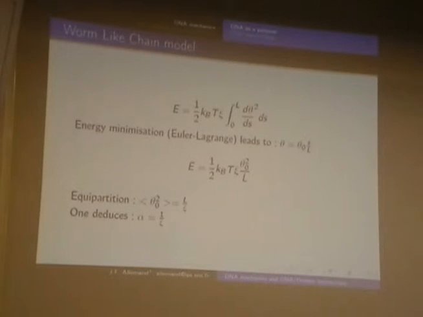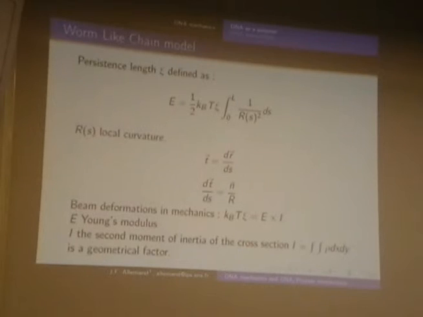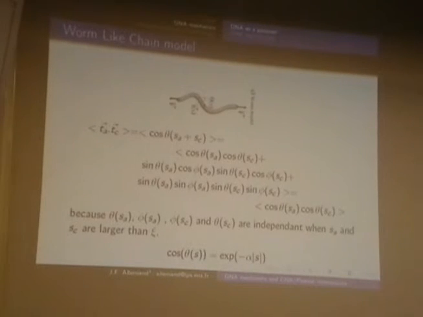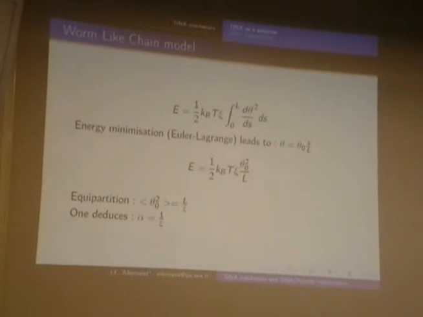So if you use this relation that we got from the previous results with alpha, you come to this relation, and from that you deduce that alpha is equal to the inverse of the persistence length, so it means that theta of s is proportional to the exponential of minus s divided by the persistence length.